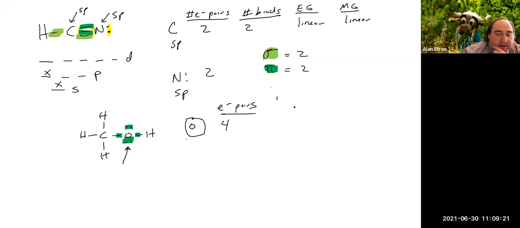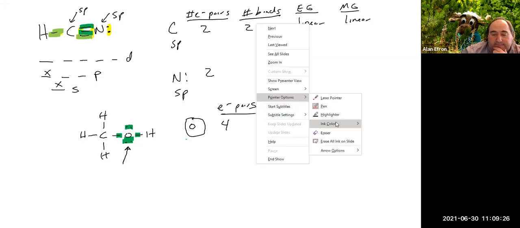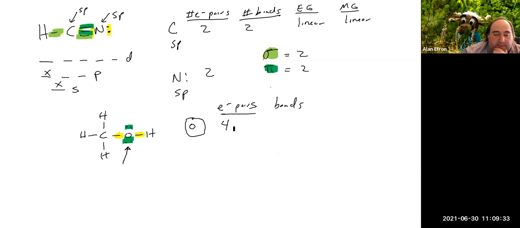But in terms of bonds, in this situation, it actually only has 2 bonds happening: 1 bond and 2 bonds. And that means that it has 2 bonds.